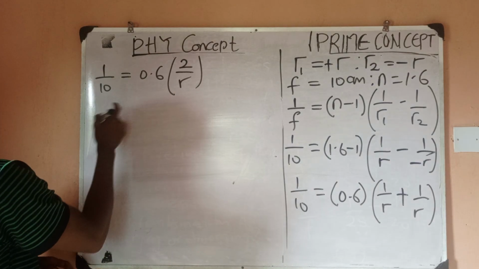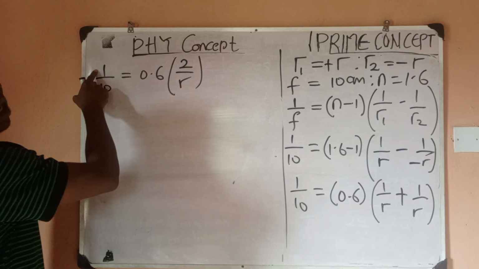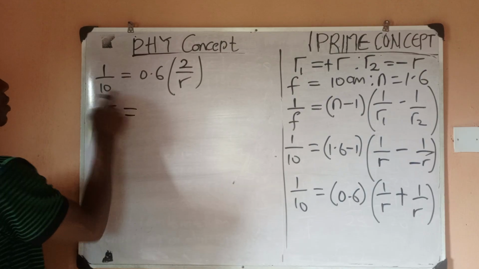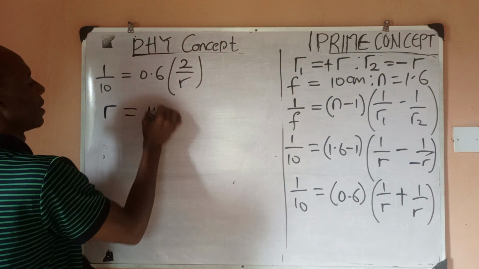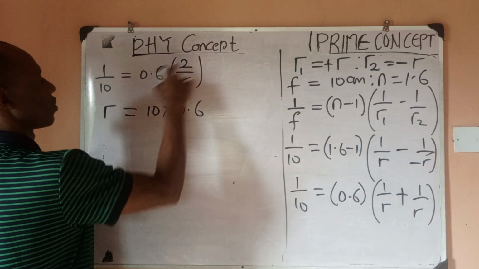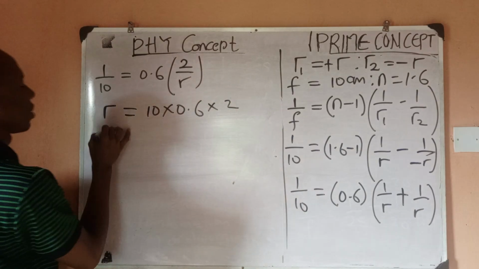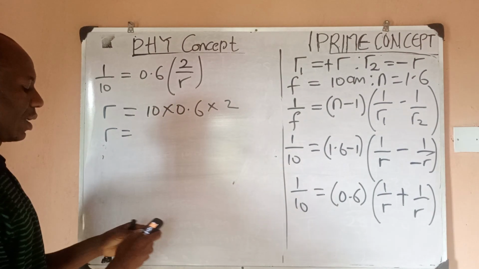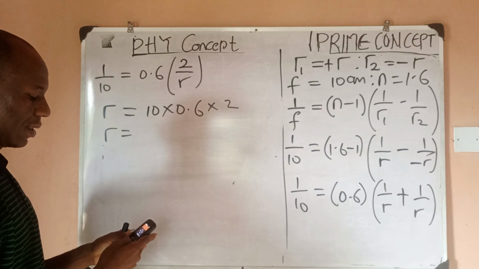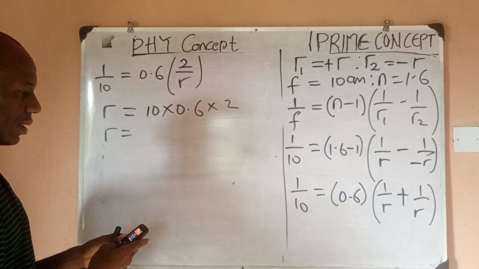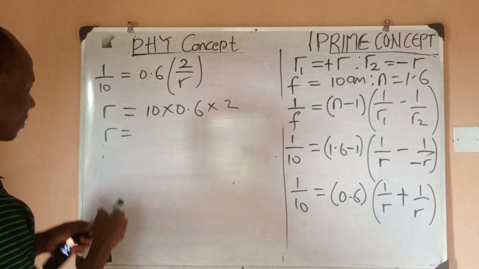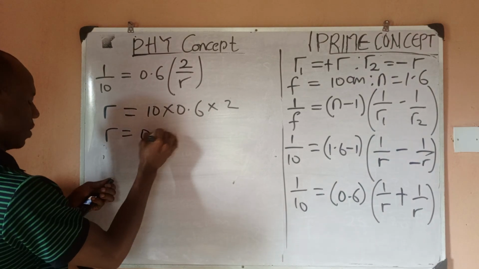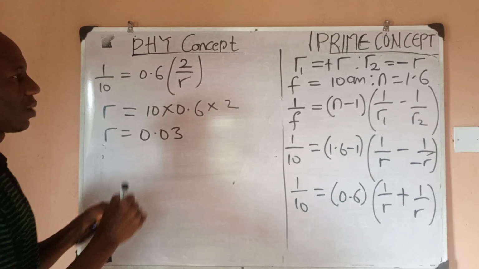I would have R times 1, which is R, equals 10 times 0.6 times 2. If you solve this, you'd get R.